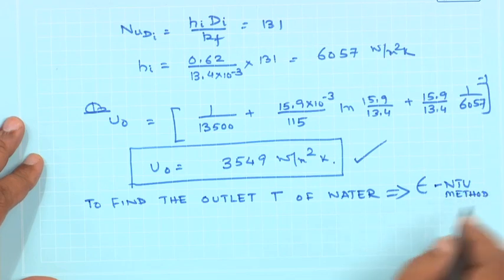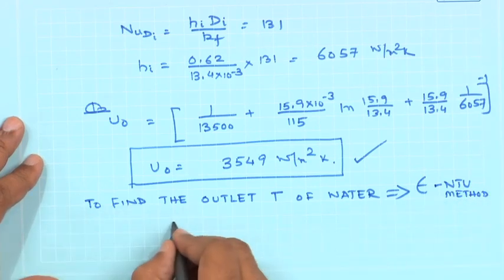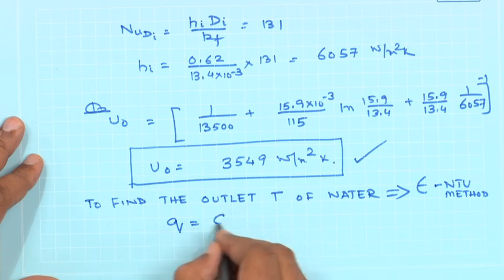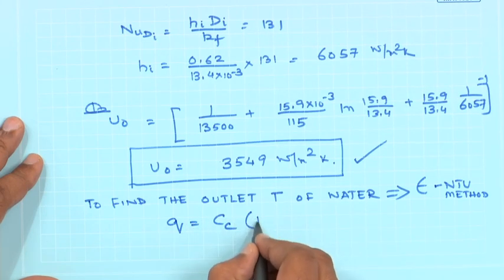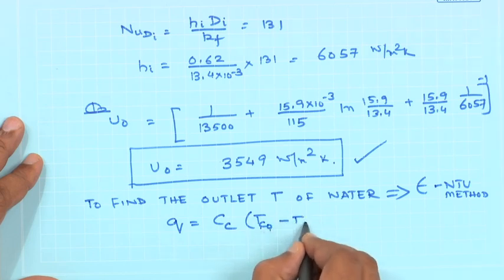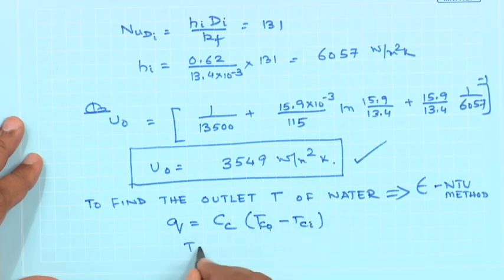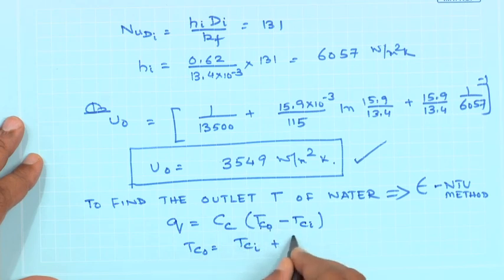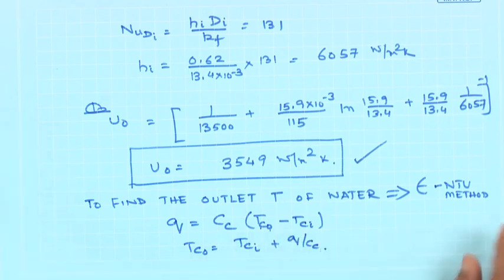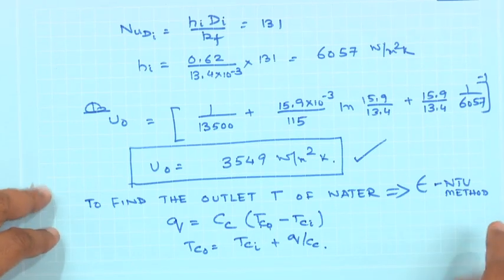So, how am I going to use the epsilon-NTU method? The total amount of heat transfer would be C_c times T_co, the temperature of the cold fluid at the outlet, minus T_ci. So, T_co would be equal to T_ci plus Q by C_c. So, that is the relation which we have to find out.